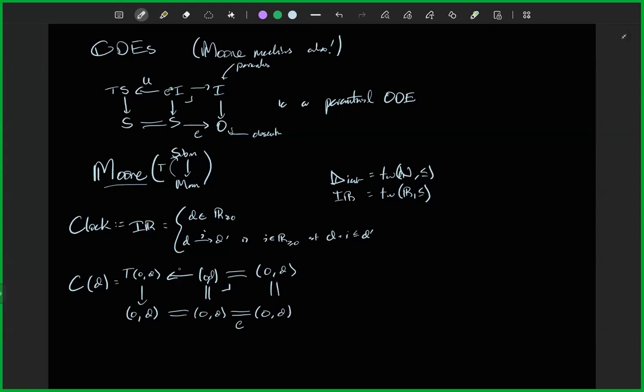I'm going to give the constant vector 1, i.e. this represents the ODE. So this, by the way, represents the ODE ds/dt equals u of s. And this one represents the ODE dt equals 1 for t in 0, d.